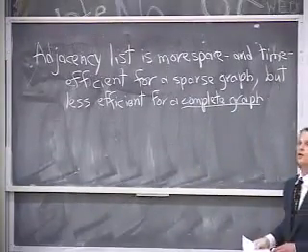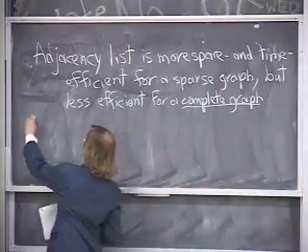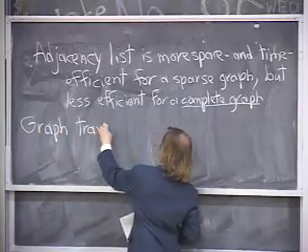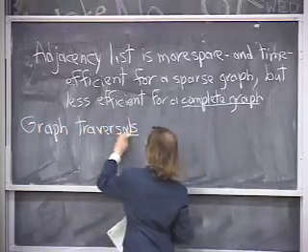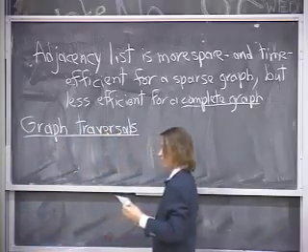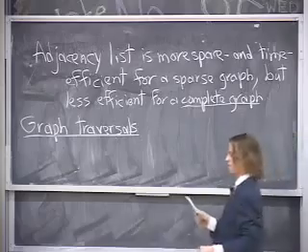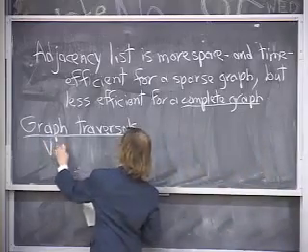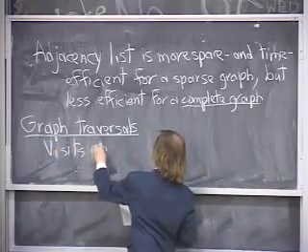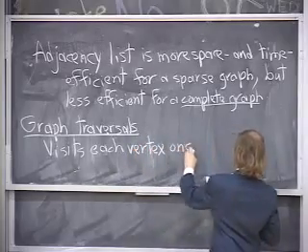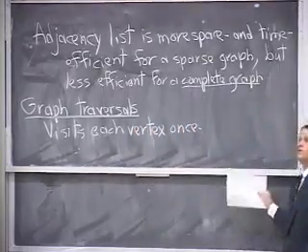So graphs have traversals just like trees do. And so a graph traversal is an algorithm that visits each vertex once. And we're going to learn 2 in this class.